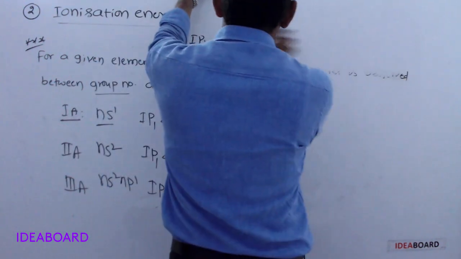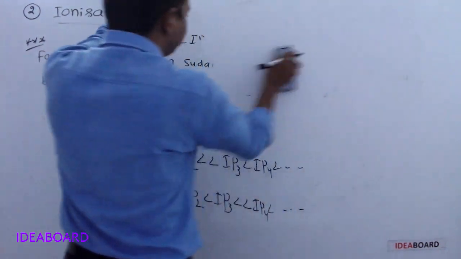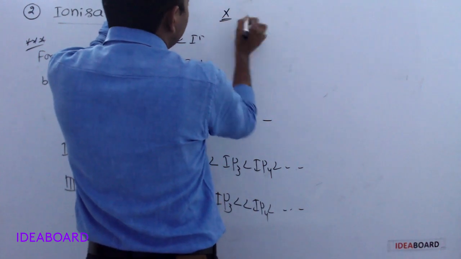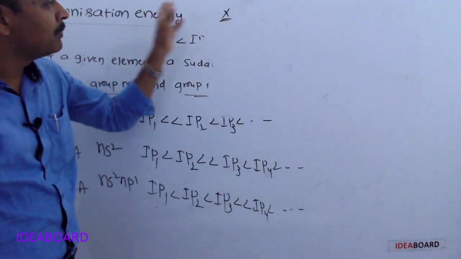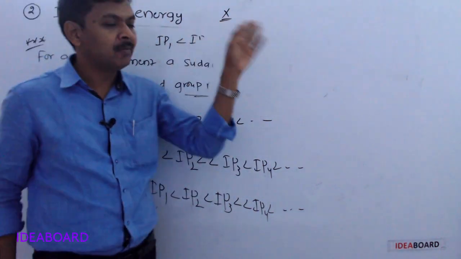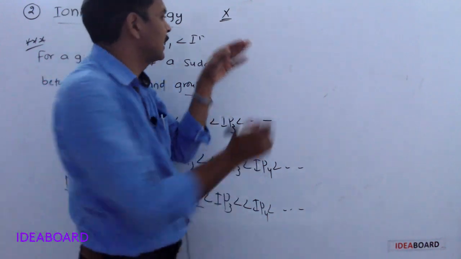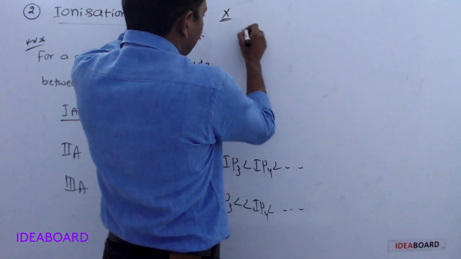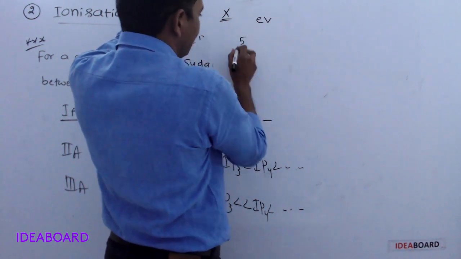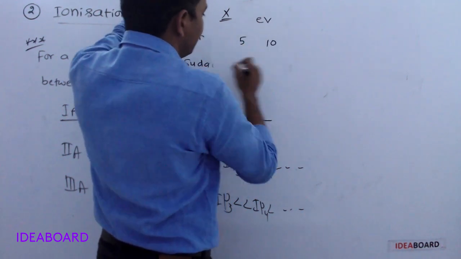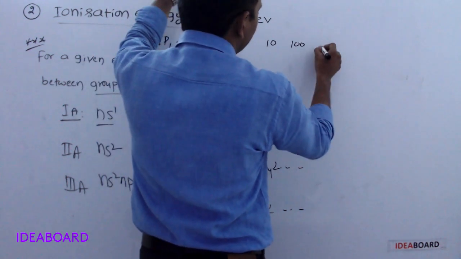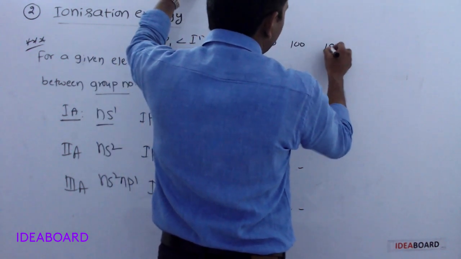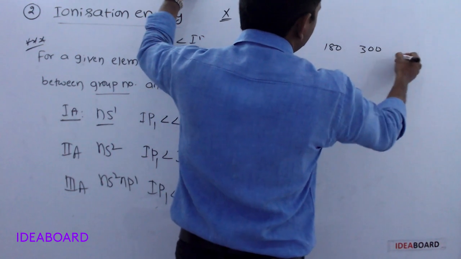See, for example, for a given element X, successive IP values are given, in electron volts: 5, 10, 100, 180, 300, like that.